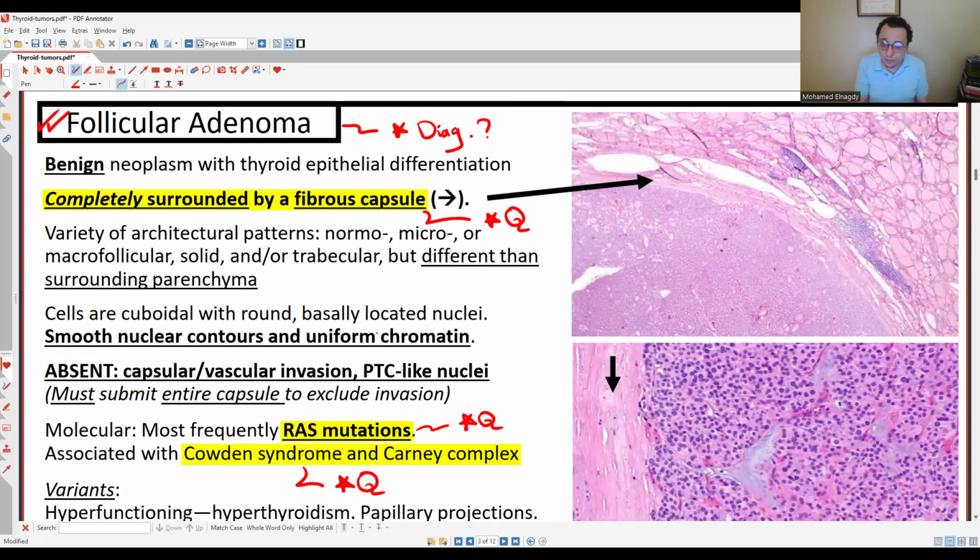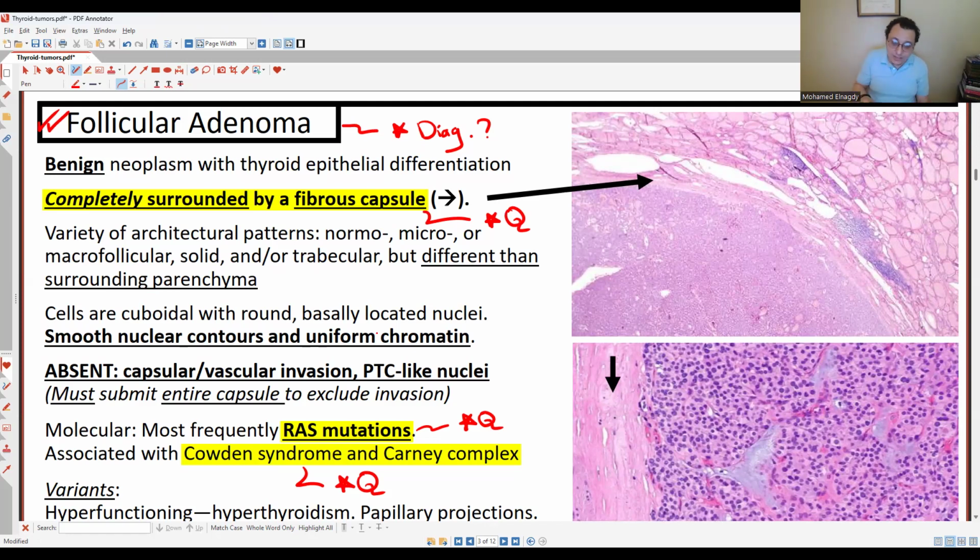So, follicular adenoma and carcinoma. Now we are struggling when we are seeing a follicular lesion. We need to know how we can differentiate whether this is follicular adenoma or follicular carcinoma. But remember from our previous session yesterday, we talked about how to differentiate follicular adenoma from an adenomatoid nodule or colloid nodule, multinodular goiter versus follicular adenoma.